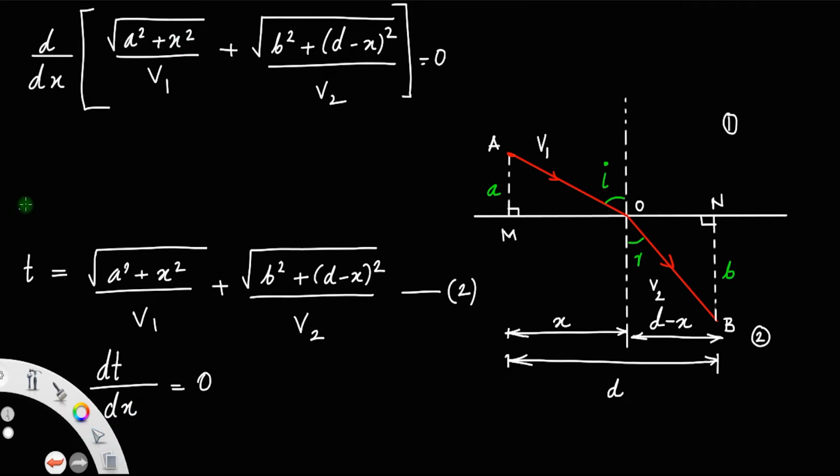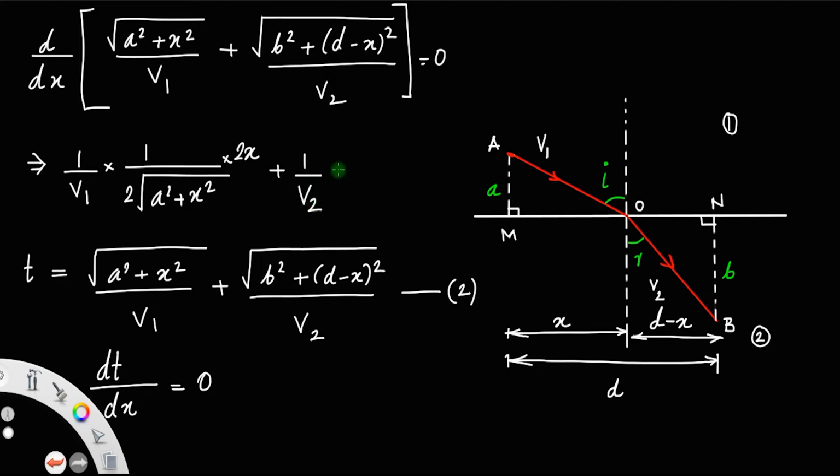Therefore, V1 is constant, we can take it outside: 1 by V1 into the derivative of the root, which is 1 by 2 root of a square plus x square into the derivative of the terms inside the root, the derivative of x square being 2x.